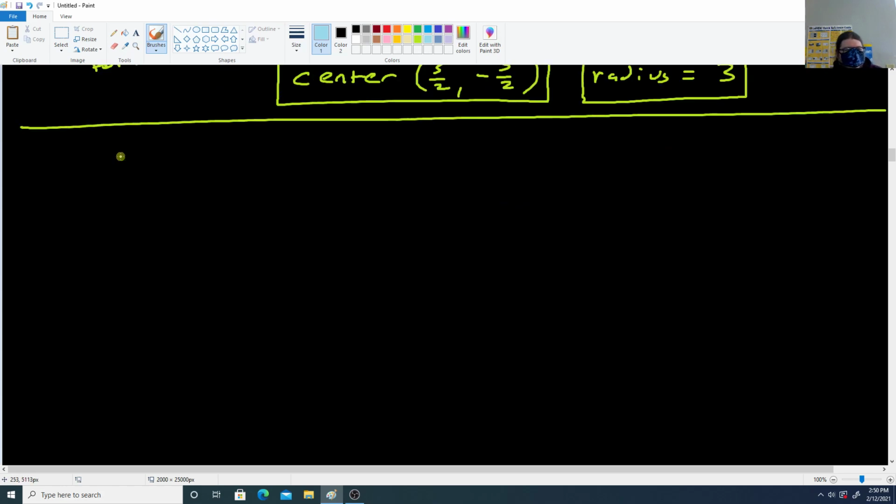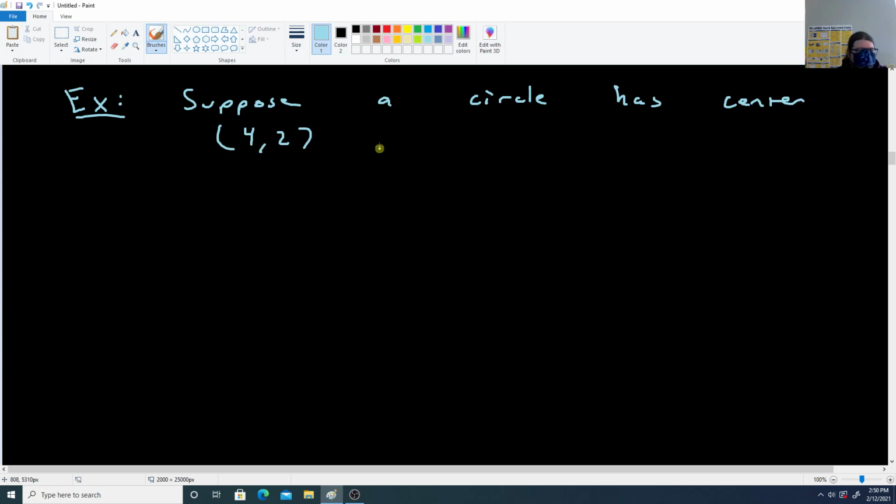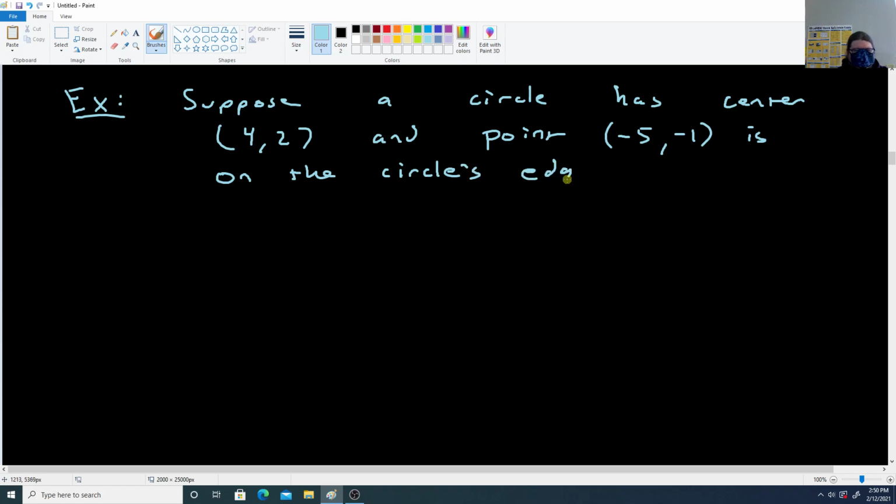So one common one that we would see is, we'll say, suppose a circle has center (4, 2), and the point (-5, -1) is on the circle, let's say on the circle's edge. So the graph of the circle passes through it. We want to write the equation of the circle.